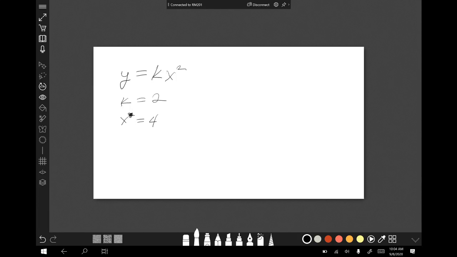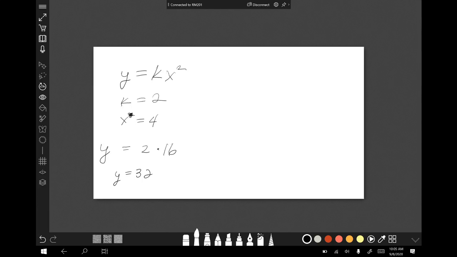So this time, k is one of the things you plug in. You would square 4, you get 16, k would be 2, and then you would figure out what y is. You get 32. And really, then the problem's sort of done because you already have the constant. So I don't think they will give you ones like this.